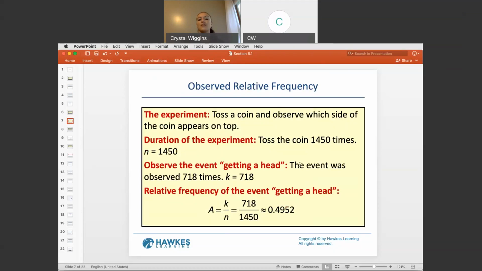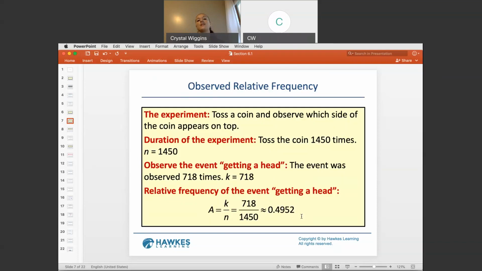Okay, so then we look through our results of the 1,450 tosses, and we identify that 718 of those tosses were heads. And then we calculate the relative frequency, also known as the probability, that we would expect of tossing a heads. And no surprise, the value comes out close to 50%.